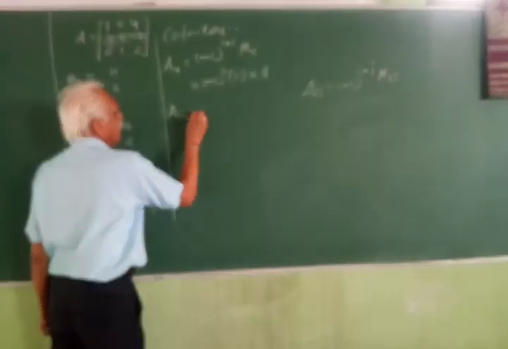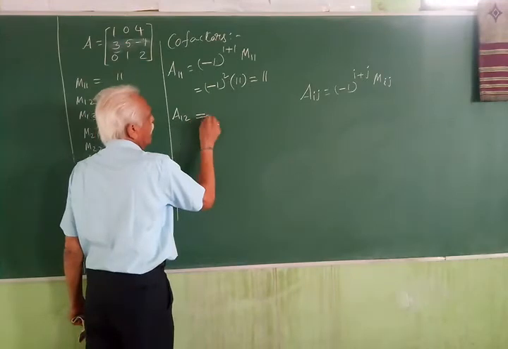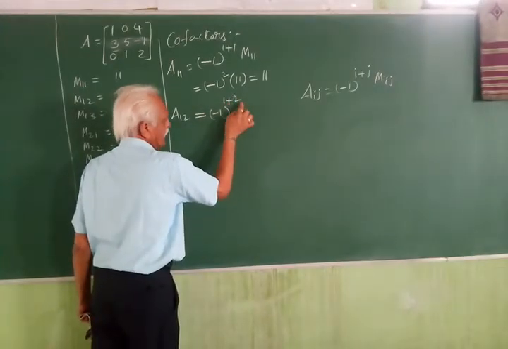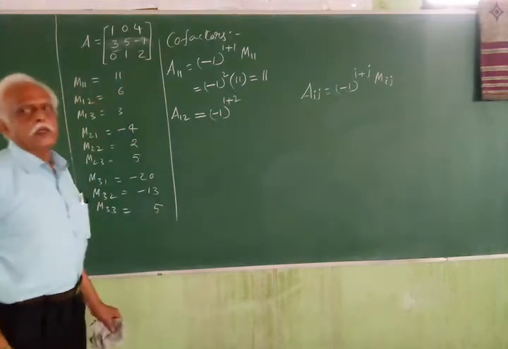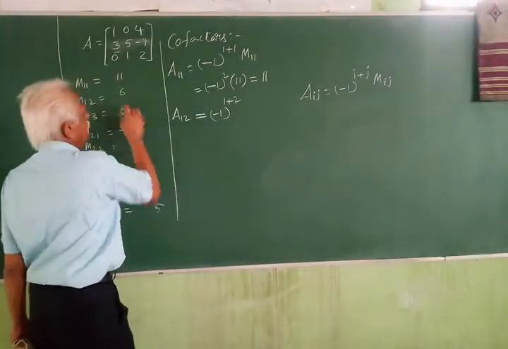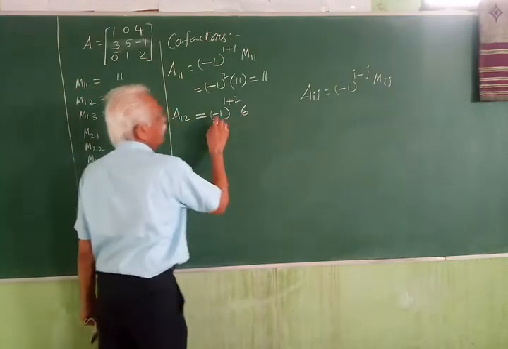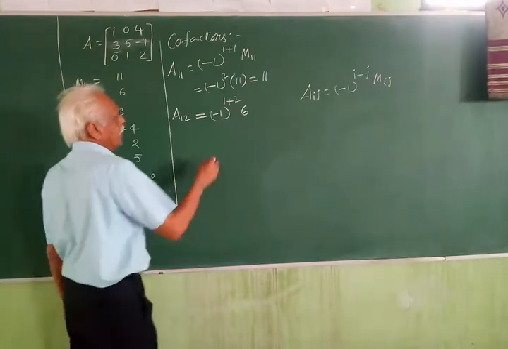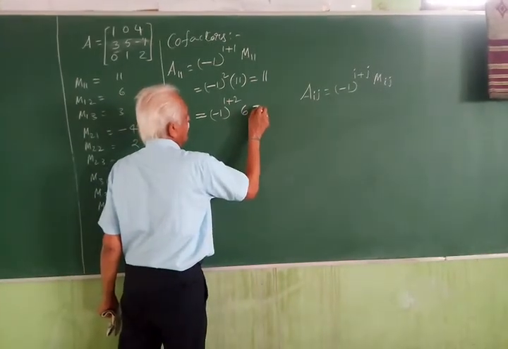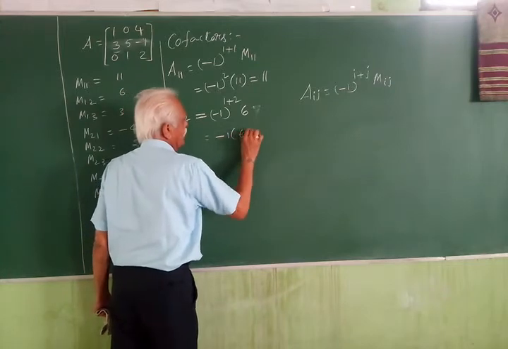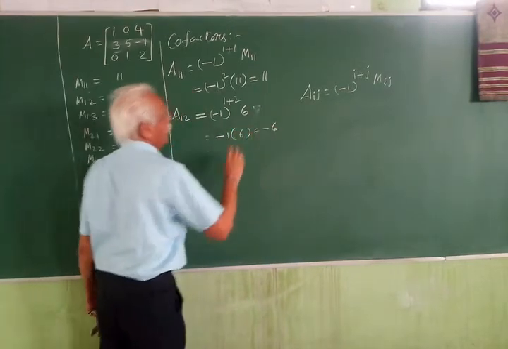A12 is equal to minus 1 power of 1 plus 2, i plus j, i is 1, the number of the row, j is the column, into the value 6. Minus 1 whole cube becomes minus, so you are getting minus 1 into 6 is equal to minus 6.